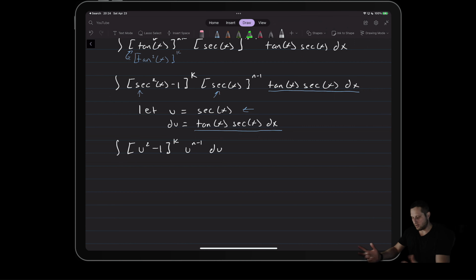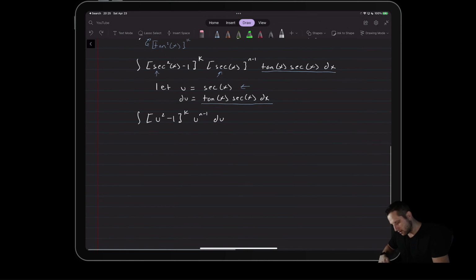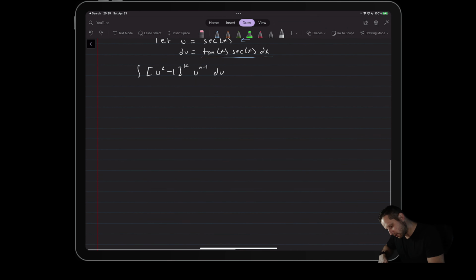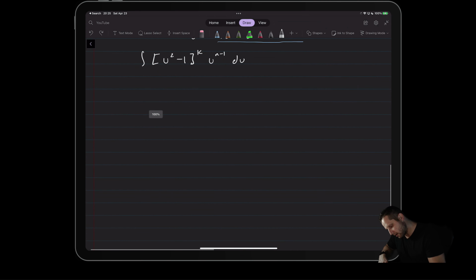So one thing I'll point out real quickly before I wrap this up, if you're not sure where to get these identities from, so this 1 plus tangent squared or this secant squared x minus 1, a trick you can do is you can start with cosine squared of x plus sine squared of x is equal to 1.